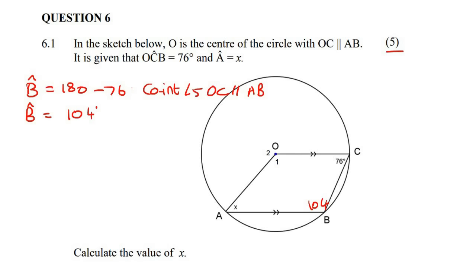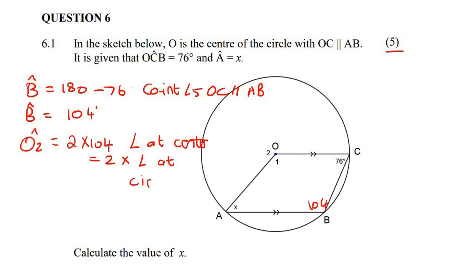So that means that this angle is going to be double this angle. So we could say that angle O2 is going to be 2 times 104, and that is because of angle at center is equal to 2 times the angle at the circumference.